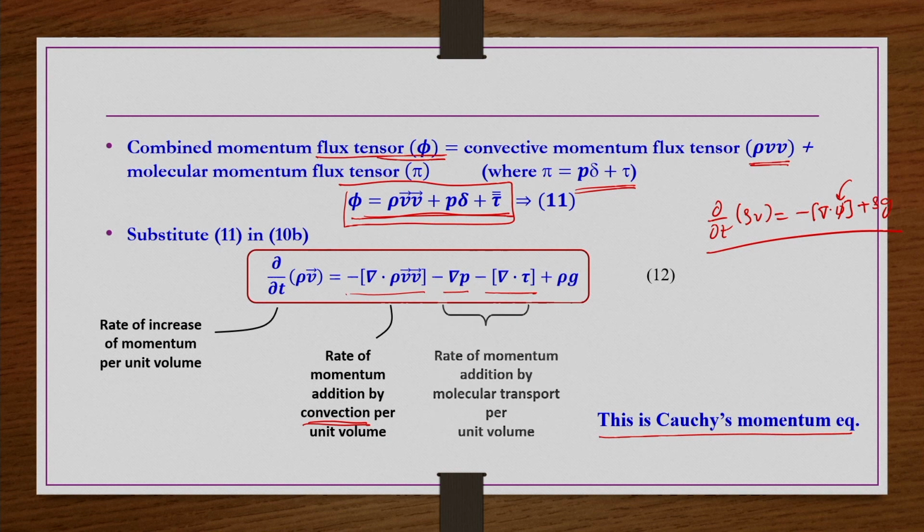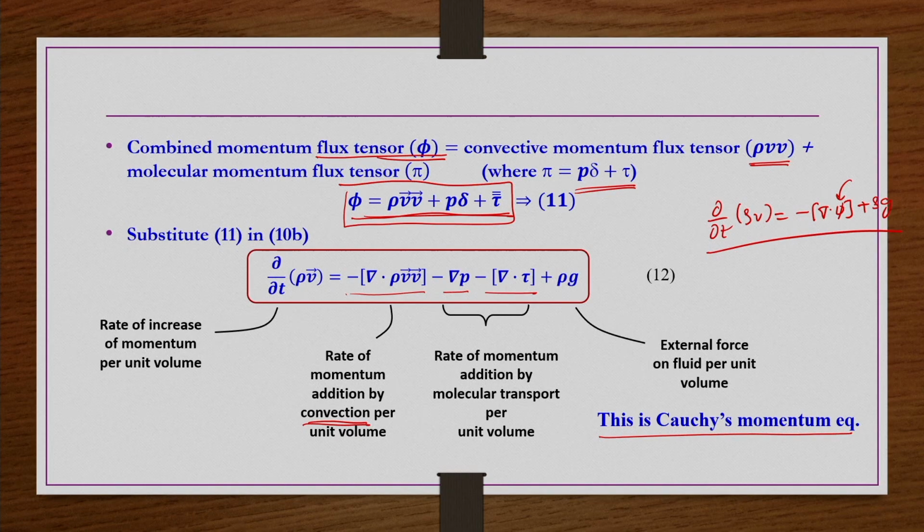The next two terms are the rate of momentum addition by molecular transport per unit volume, and the last one is because of the external force on the fluid per unit volume. So, all the possible ways of momentum entering and leaving, including one additional external force, the gravitational force, are included in this equation.